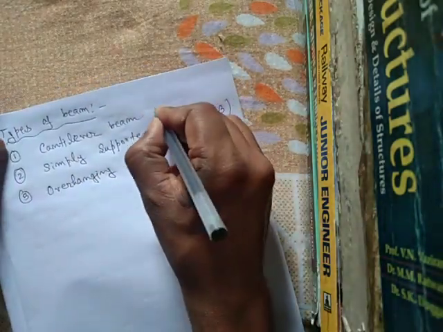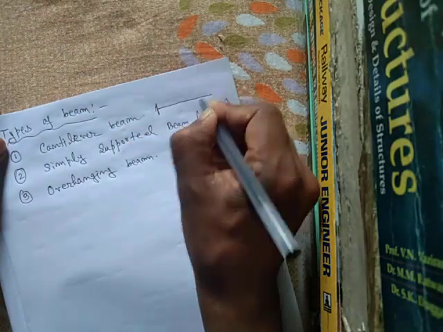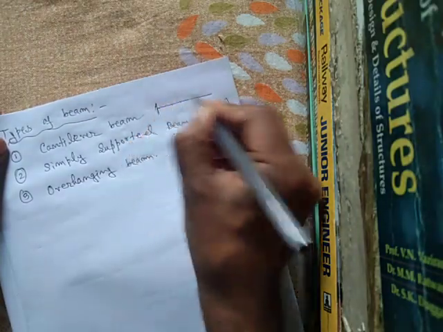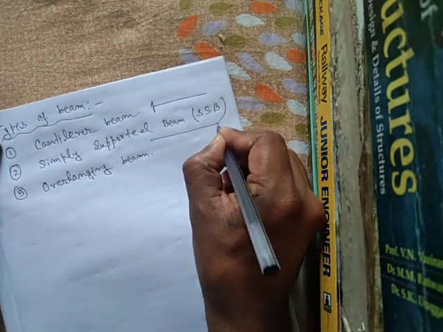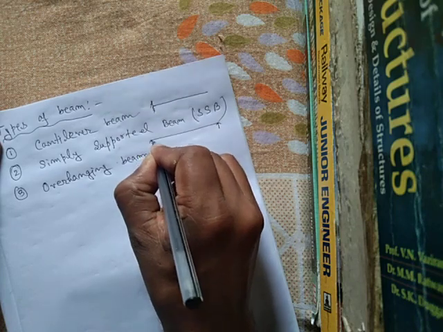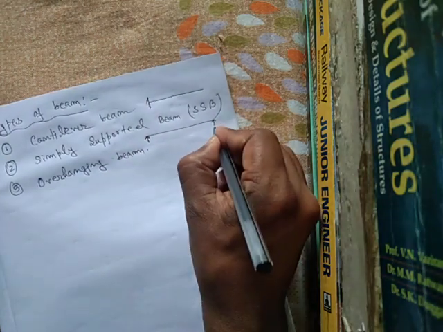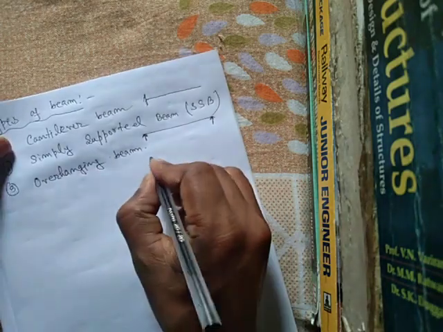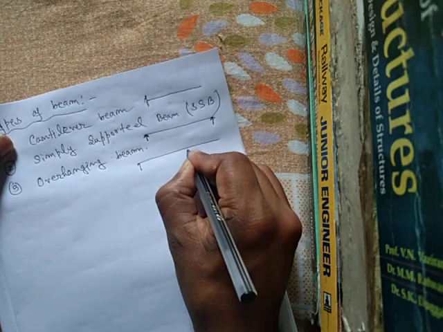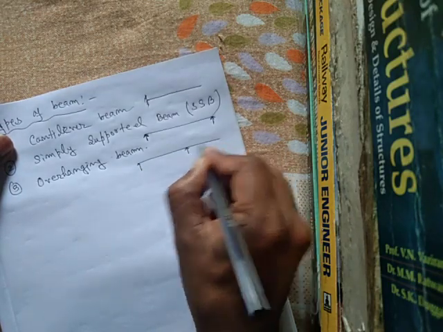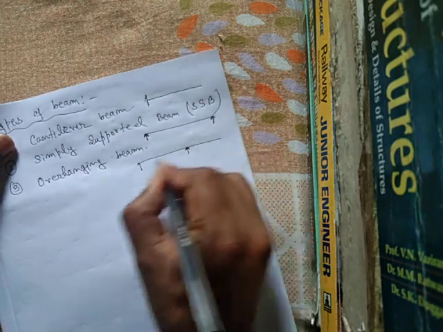The cantilever beam is like this, one end is fixed and other end is free. This is the cantilever beam. And simply supported beam is like the beam is freely resting on the support. And overhanging beam is, the beam has two parts, one is simply supported and other portion is like cantilever.